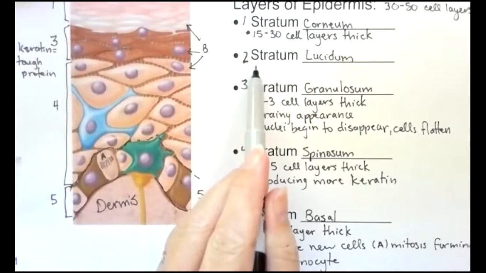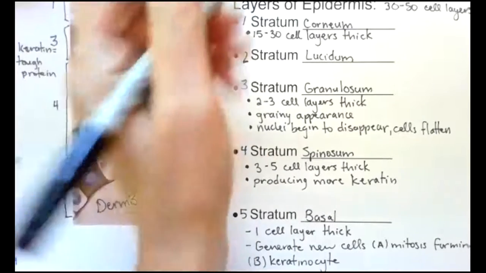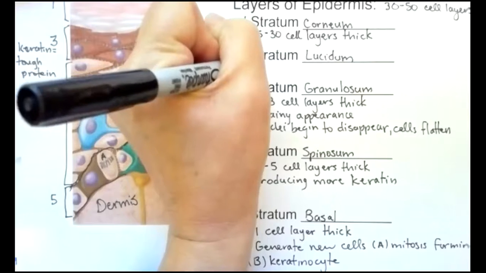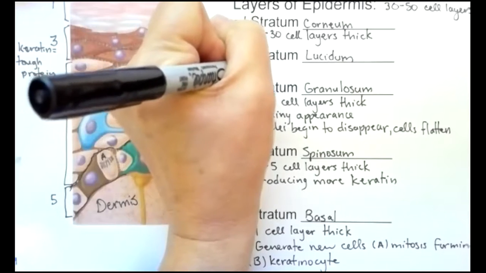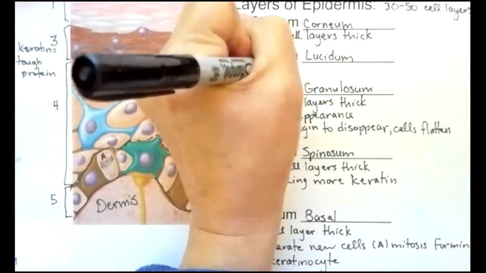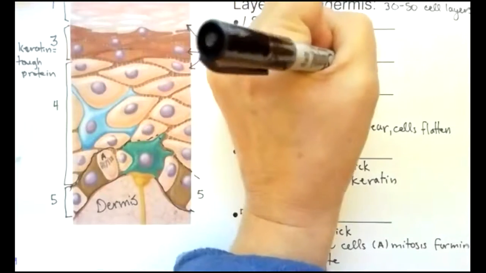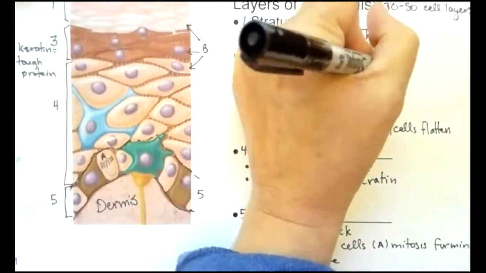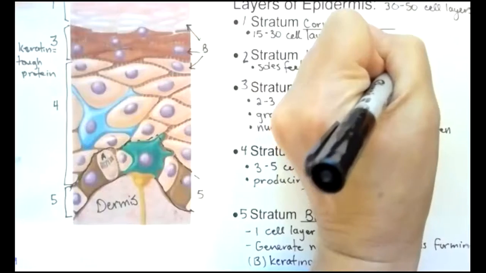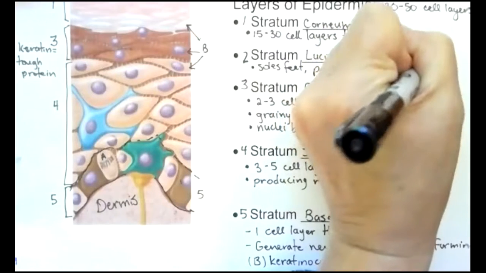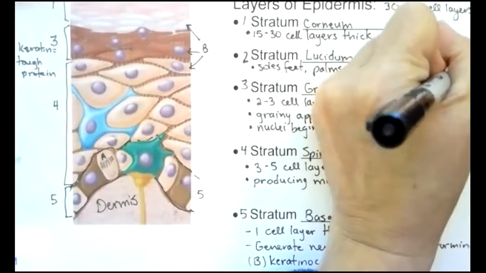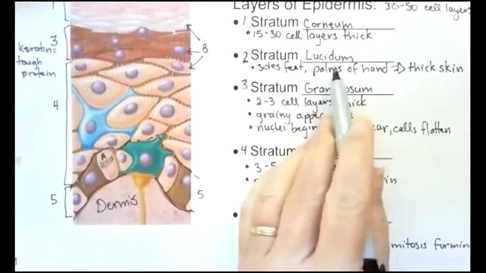The stratum lucidum isn't shown on this because it's only present in 2 areas of the body. We have the stratum lucidum on the soles of the feet and the palms of the hand. So if you look at a slide and it says thick skin, it will have the stratum lucidum on it.